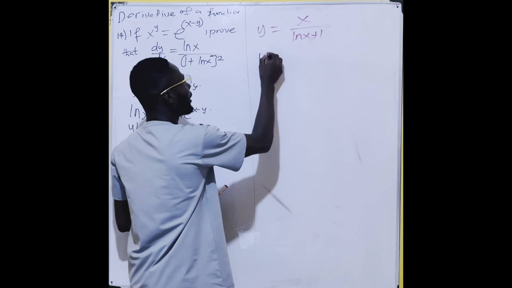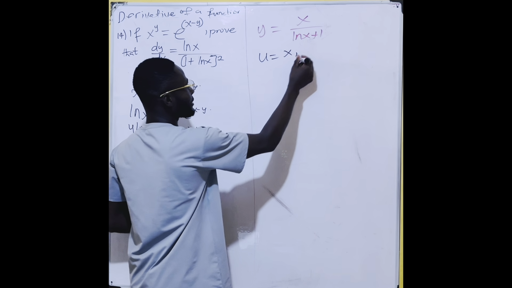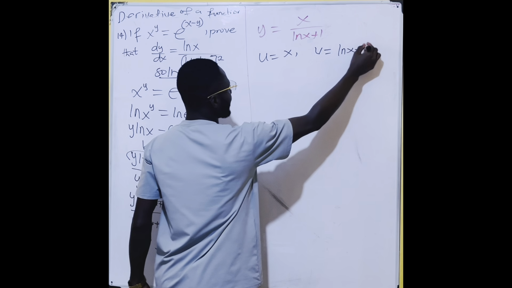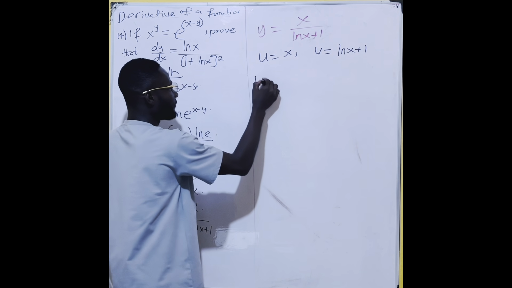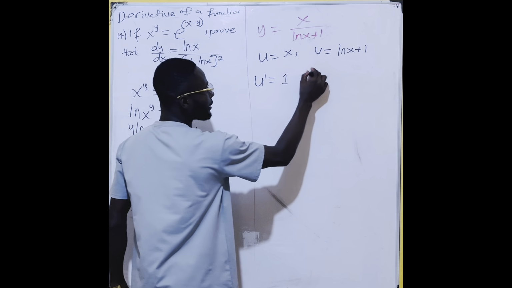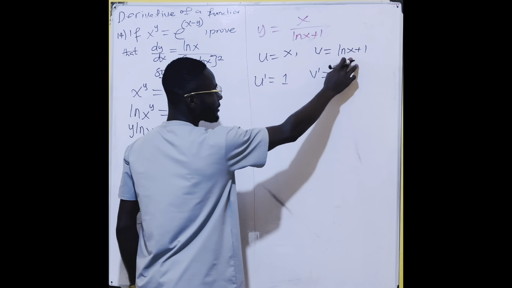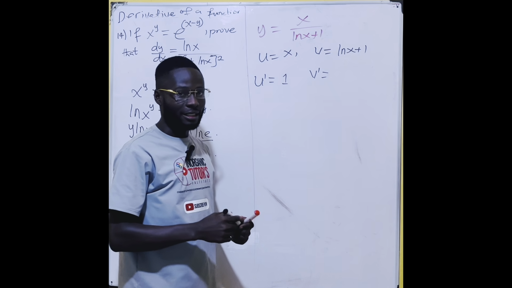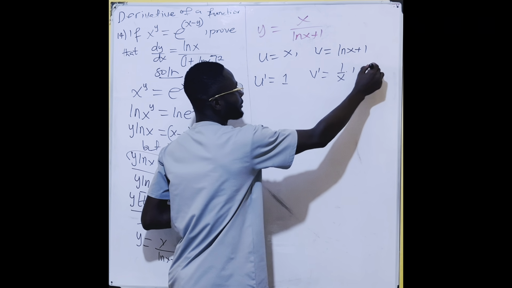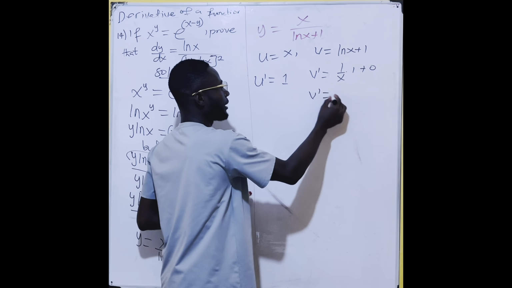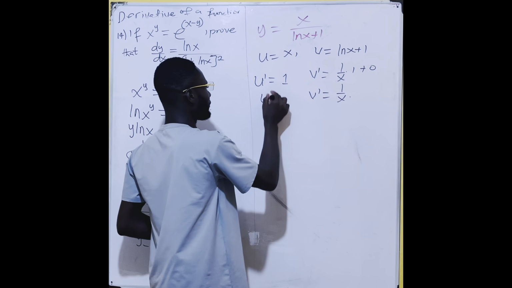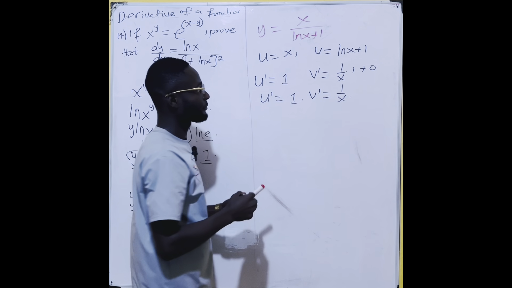So here, our first function is what? x, and our second function is ln x plus 1. So derivative of x will give us 1, and derivative of ln x will give us 1 over x, right? So 1 over x plus 0. So it means that our derivative of v is 1 over x, and that of u is 1.